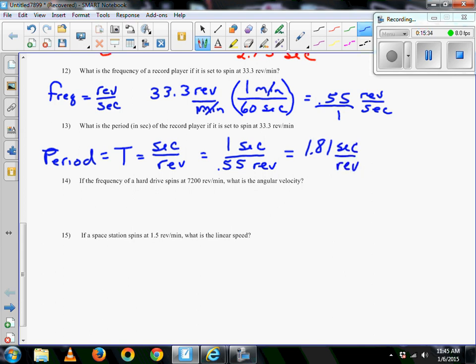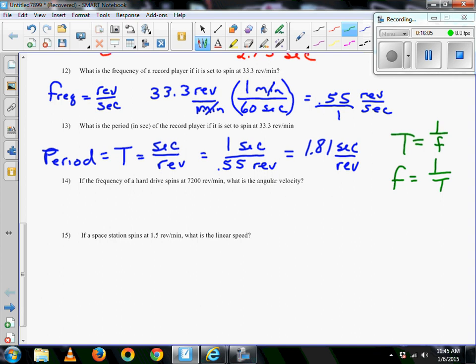Now, I like this formula a little bit better. I simply say this, that period, or time, is the inverse, or 1 over the frequency. You could also say that frequency is the flip-flop of the period, or 1 over period. Either one of those work. So if you know one, just take 1 divided by it, and you got it. So let me show you how this works.